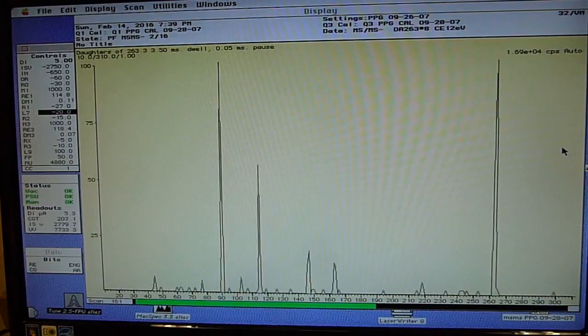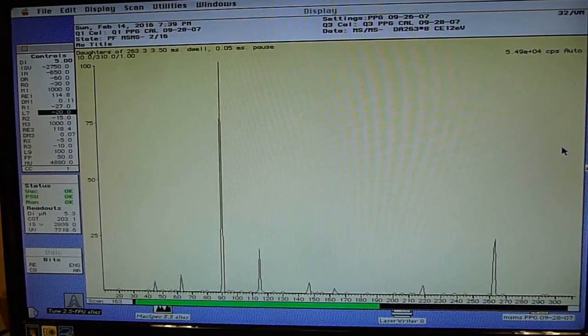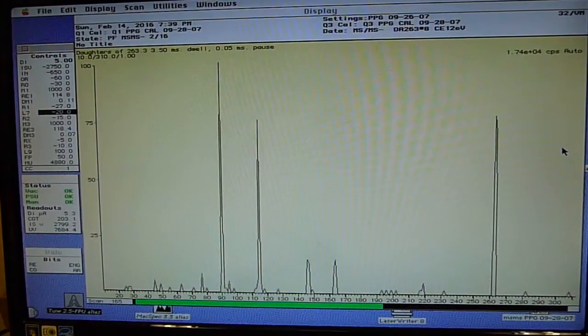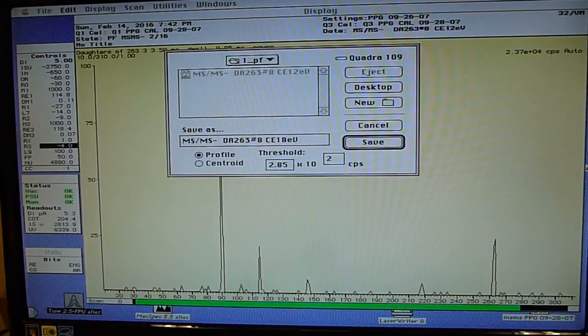Let me close this portion of the video and I'll restart it with the newer. I've increased the collision energy to 18 eV. The previous run I let run out to scan 250, so this one is going to be higher.